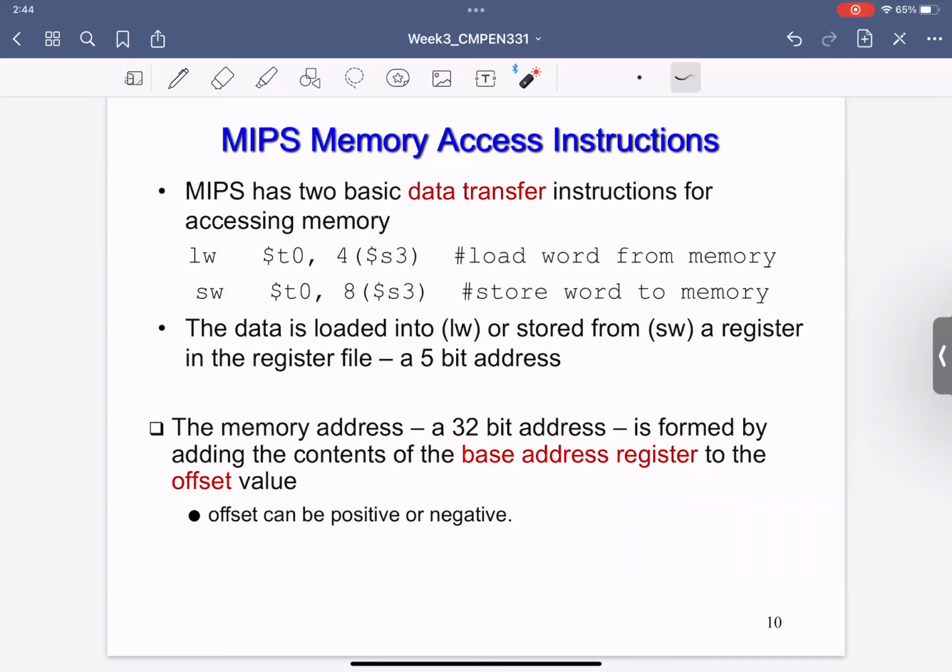So you will do 200 plus 4, then you know that you will go to 204. I can give you 400 and then shift 8. So it will be 400 plus 8, so you go to 408, and so on and so forth. And that's why it is usually written by that particular syntax. I'm giving you the base address, let's say the 200, and then I will give you the shift.